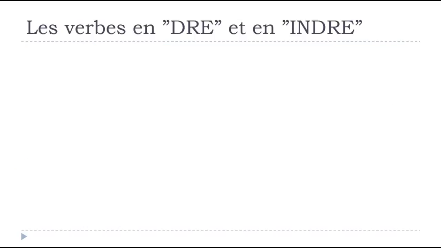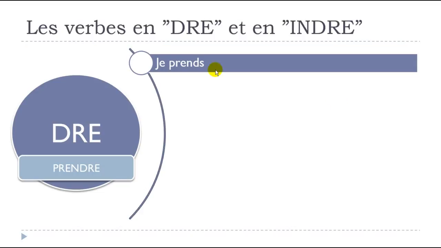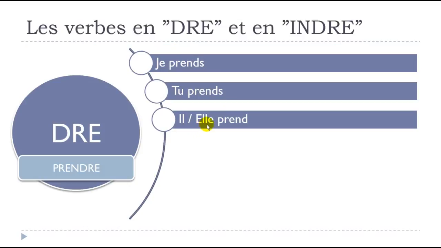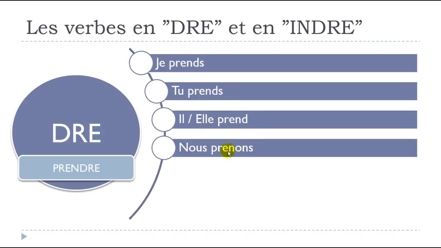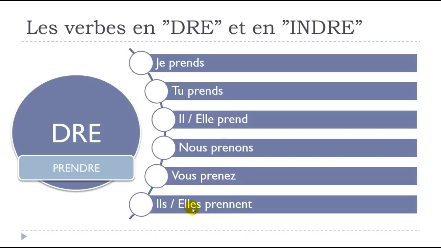So let's see how it goes. You have to remember that the forms will go like that. Je prends, tu prends, il, elle prend, nous prenons, and here you can see the difference. Vous prenez, and the last one is quite tricky because it's ils, elles prennent.